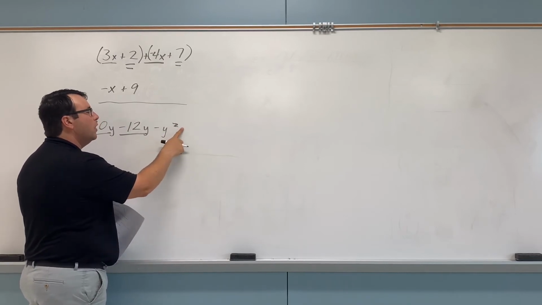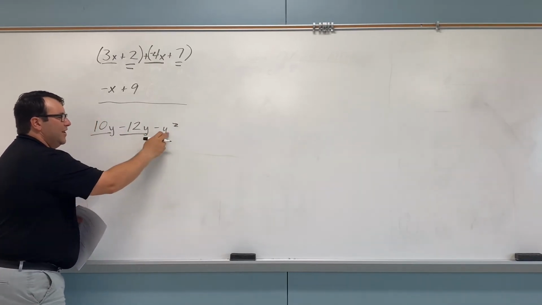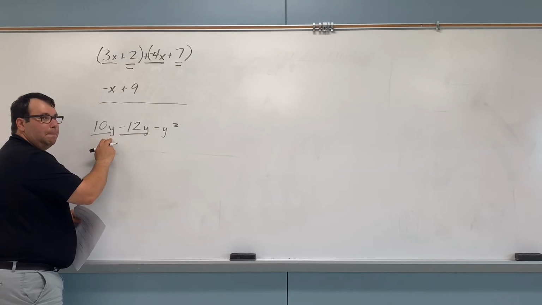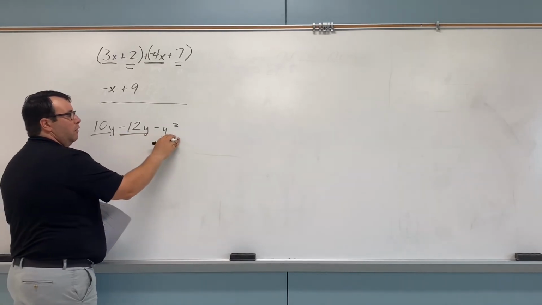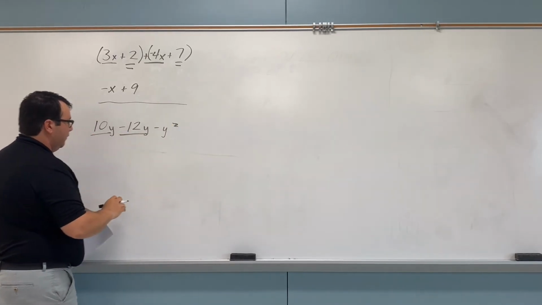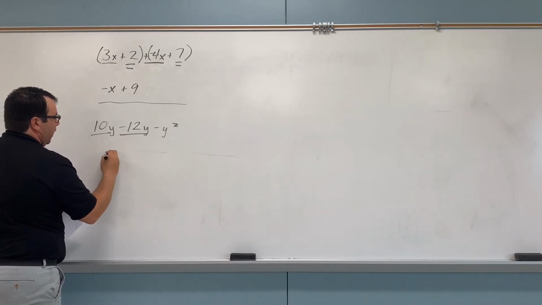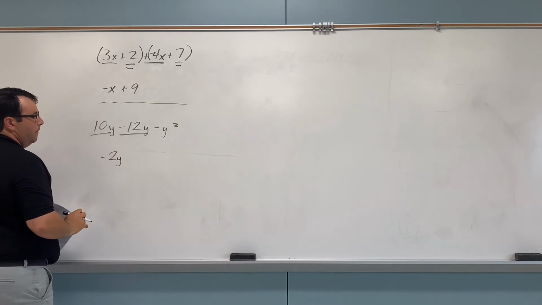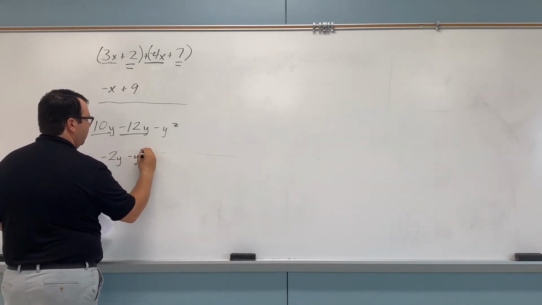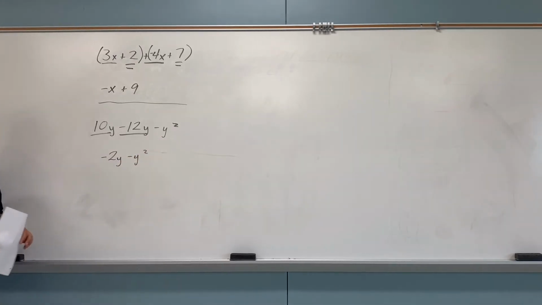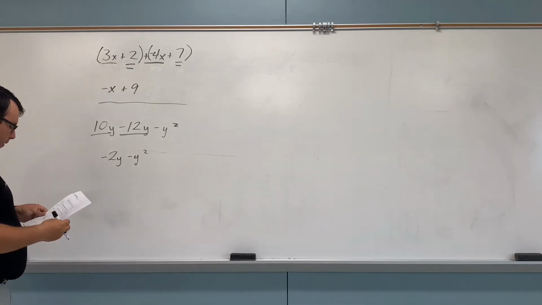It has a different degree value. Therefore, it is not like just y. So this term is all on its own. It is what it is. Sad, tears, I know. 10 minus 12, negative 2y minus y squared. That's it. That's all there is to this one.